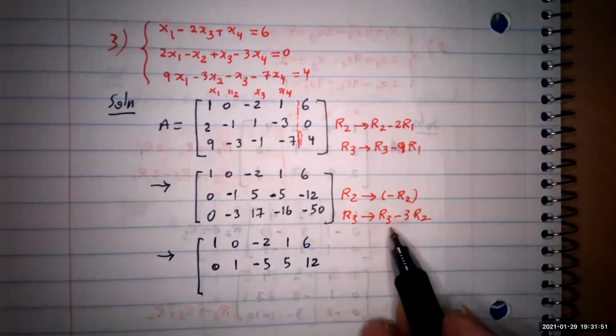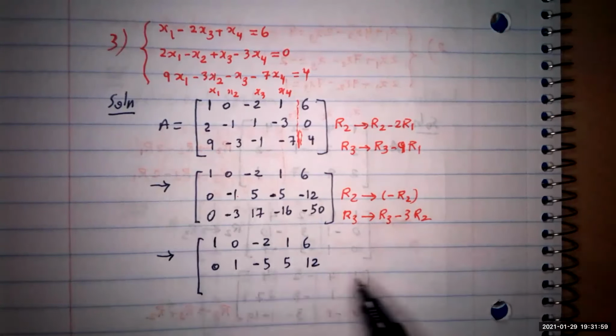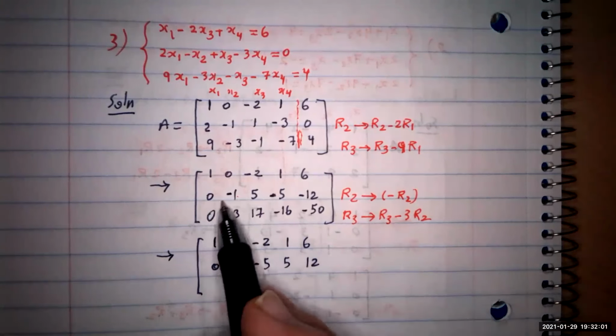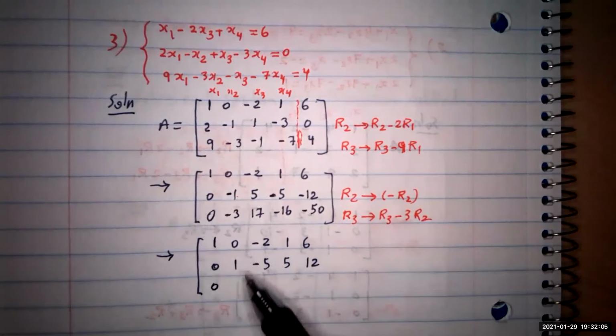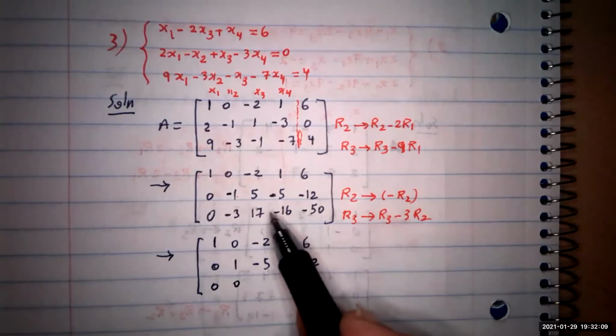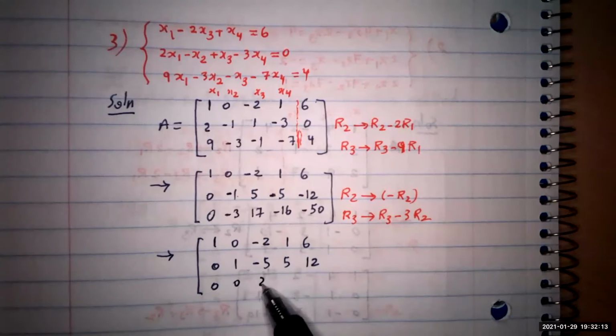Okay, now R3 minus 3R2. So what's going to be the result? This is it. We get a 0 here. Okay, 3R2 makes this one into the 0. 3R2 is going to be negative 15. So that gives a positive 2.